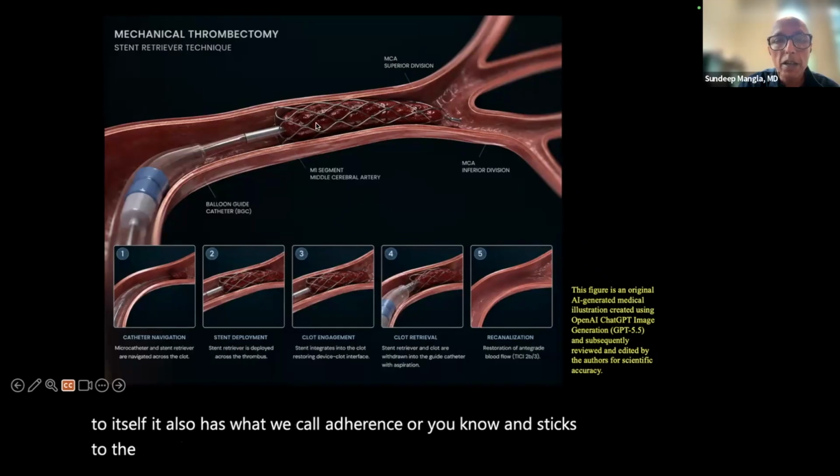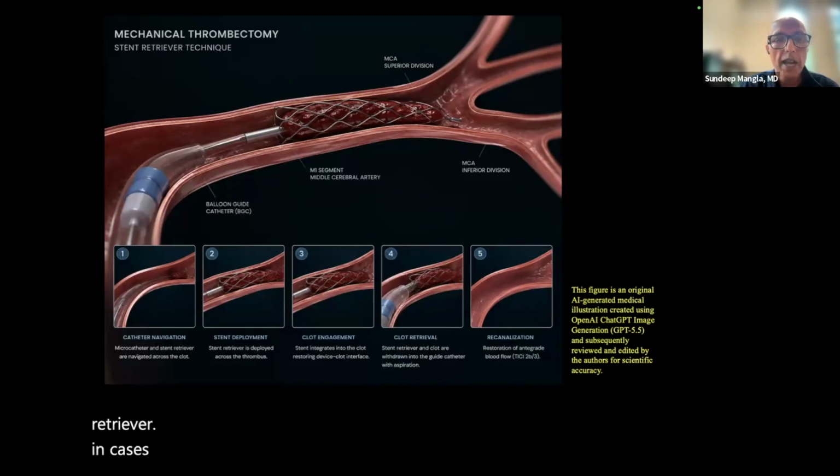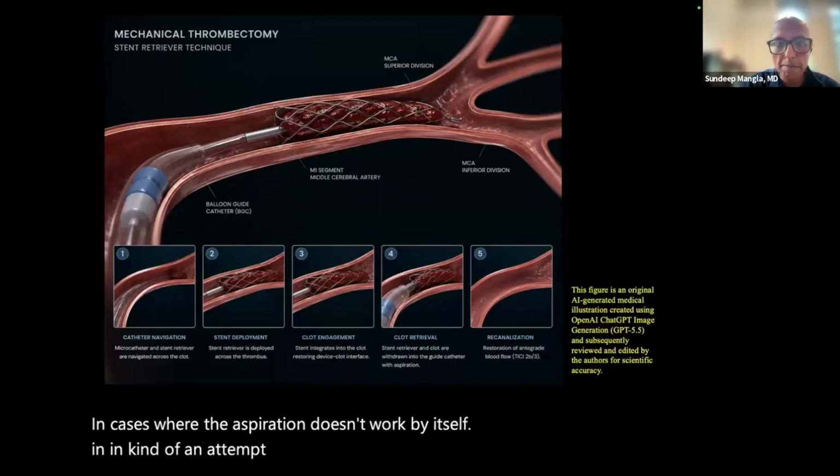So you've got to peel it off. And we also often will use aspiration and the stent retriever together in cases where the aspiration doesn't work by itself, in an attempt to engage and grab the clot and pull it out.